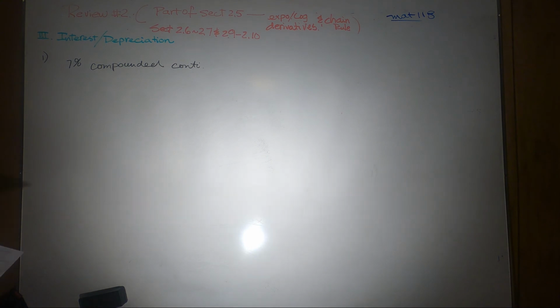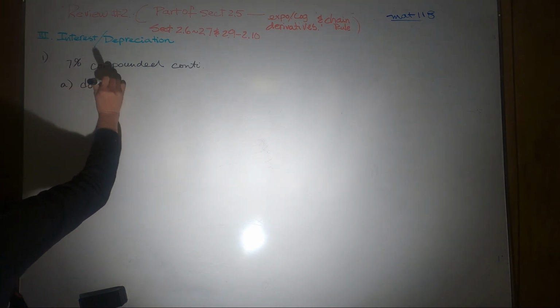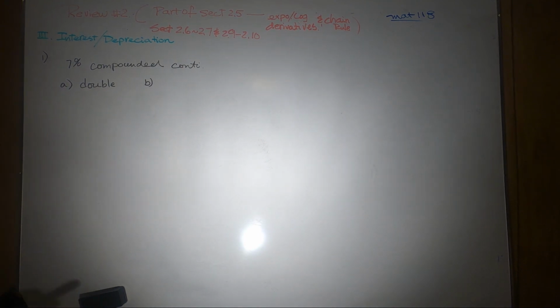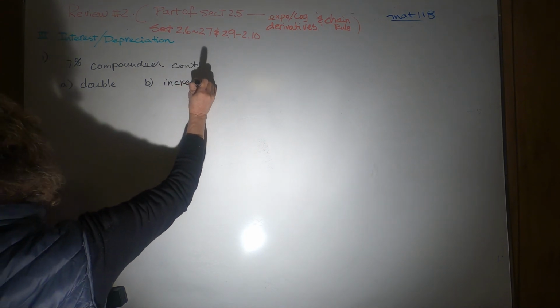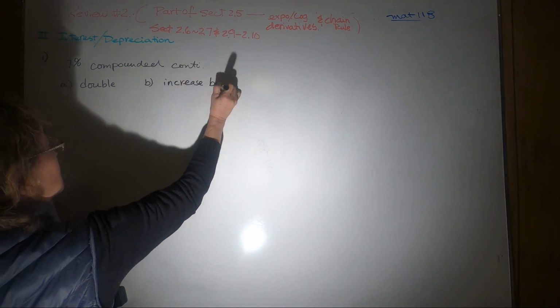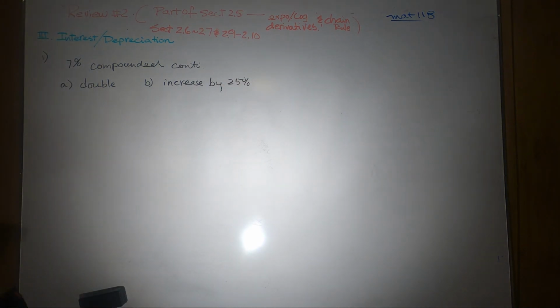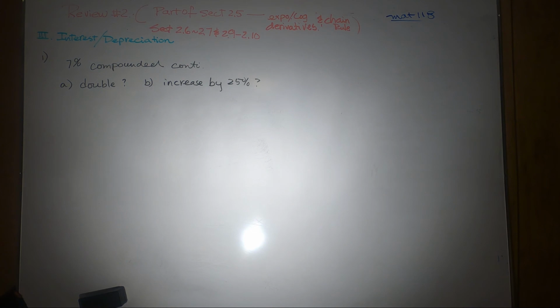The question is, how many years will it take to double? First, we'll figure out how long it takes to double your money, and when you can get more money by 25%. So we want to find the time frame for those.